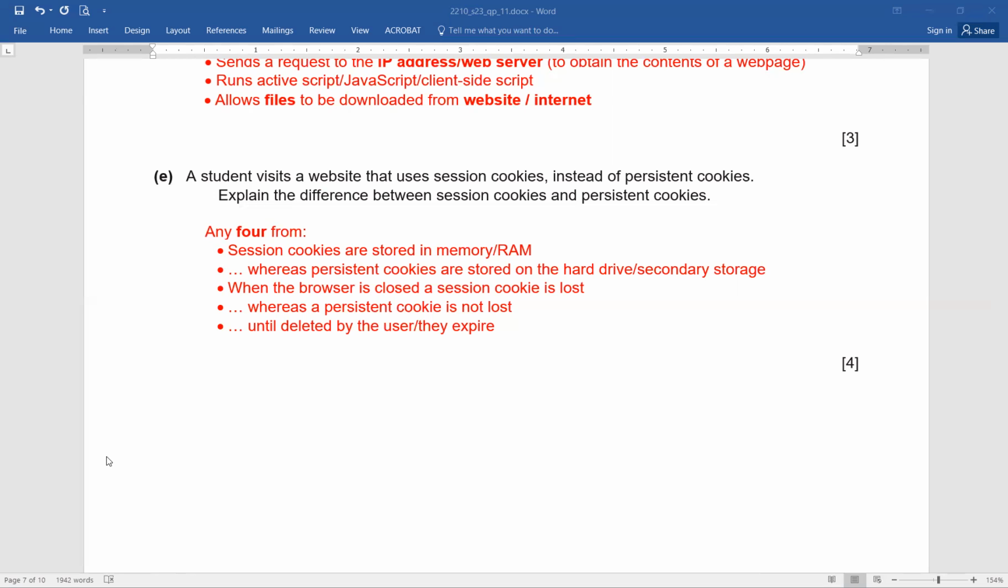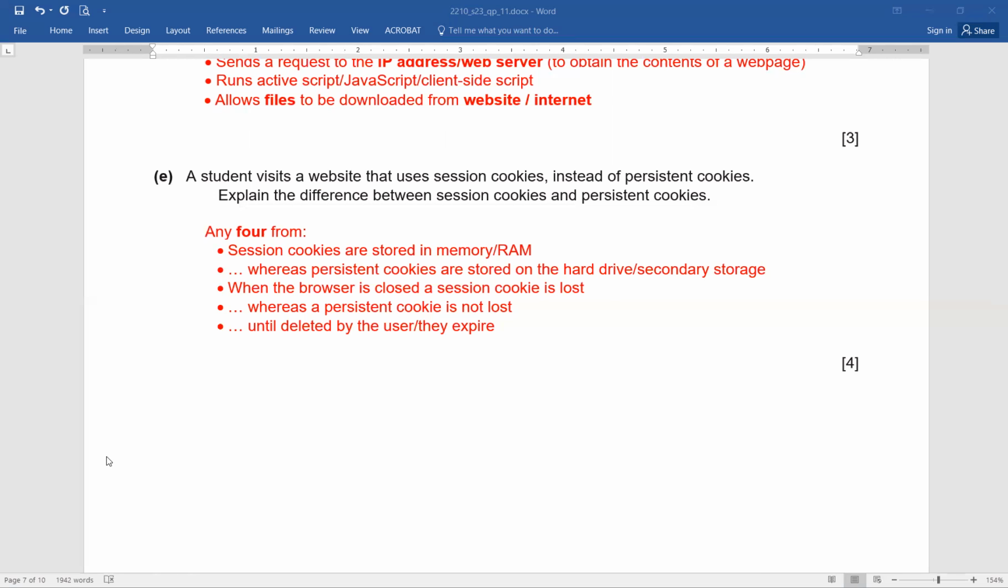There is one important point. When the browser is closed, a session cookie is lost, as it is only there for the session. Whereas a persistent cookie is not lost; it is going to be there until it is deleted by the user or the time has expired.